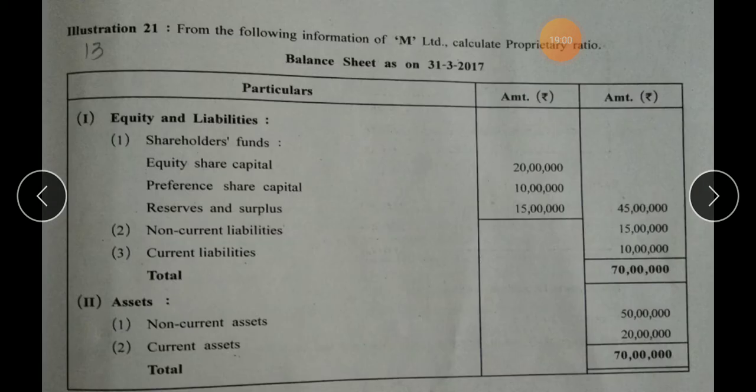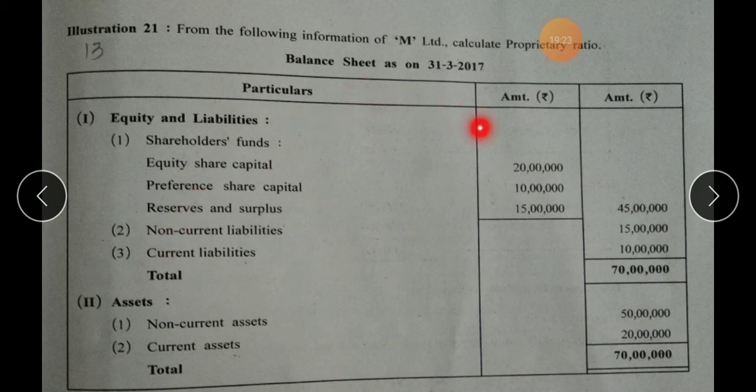So finally, starting with the sum, illustration 21, given on page number 235. It says, from the following information of M Limited, calculate proprietary ratio.